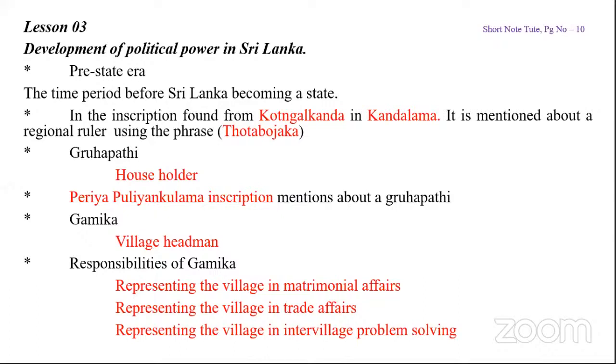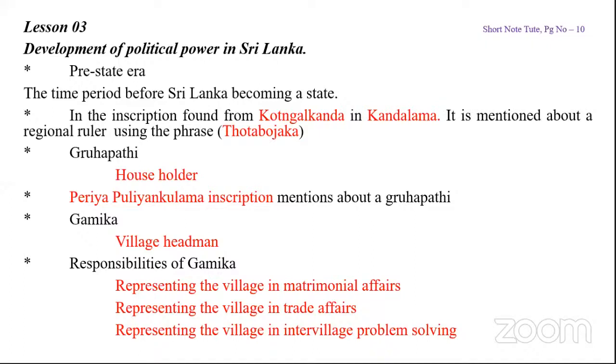How was Gamika selected? Once again, let me recall the structure of the village that I have shown you: 5-6 families were there. These families selected different land areas for agriculture. Some received very good, very fertile land areas. Some received less fertile land areas.